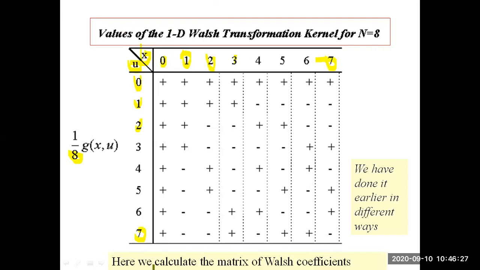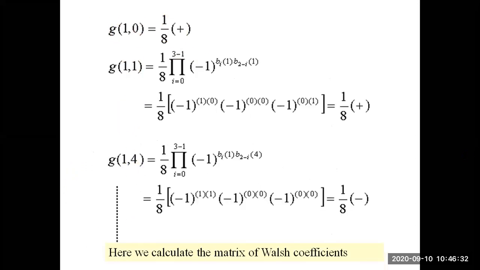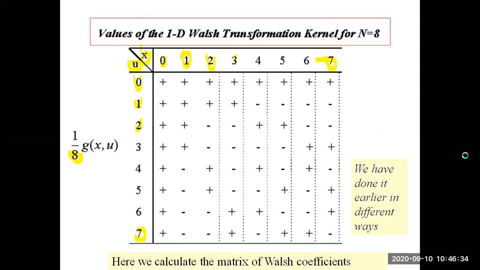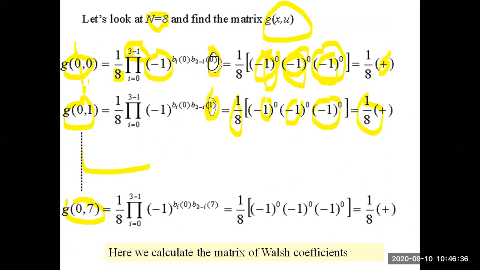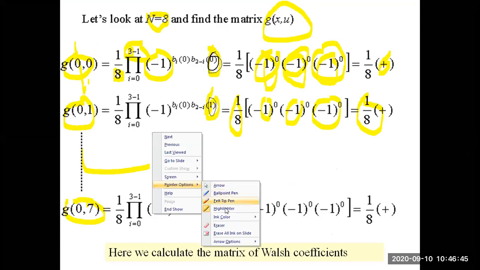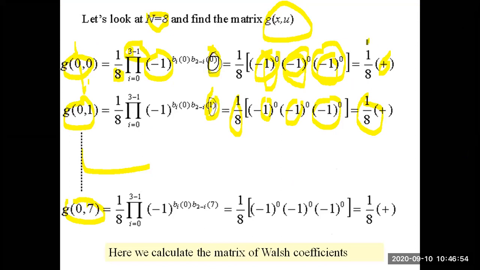For the corresponding columns, what is G of 0, 0? Initially we calculated it: 1 by 8 into plus, that means a positive signature.